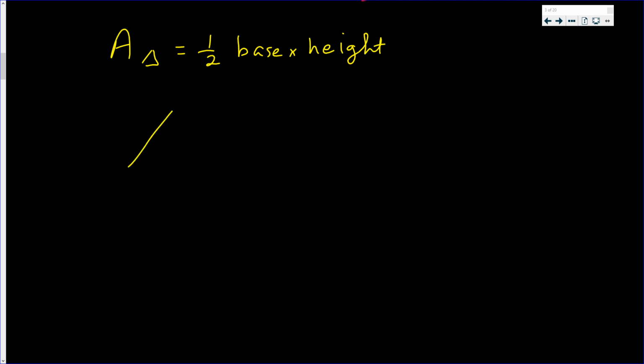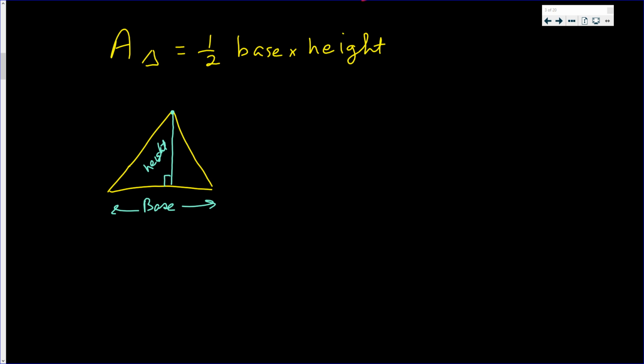If you have a triangle like this, and you choose to call the base that distance, you get the height by going to the opposite vertex of the base and coming straight to the base at a right angle. That is the height. And the area is going to be 1/2 base times height.